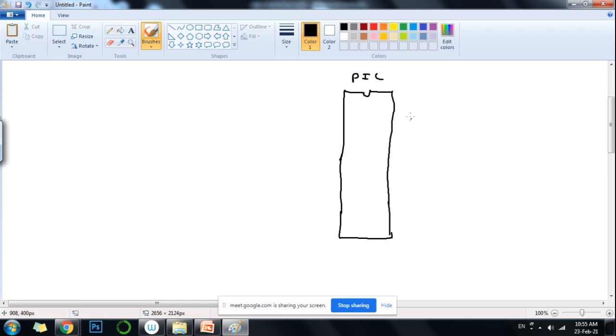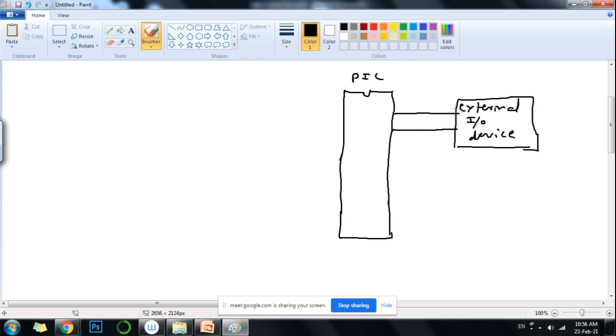When you operate your port D as parallel slave port, you can connect an external I/O device which can transfer data, or which can read or write data to this port. So this is your port D, RD0 to RD7.